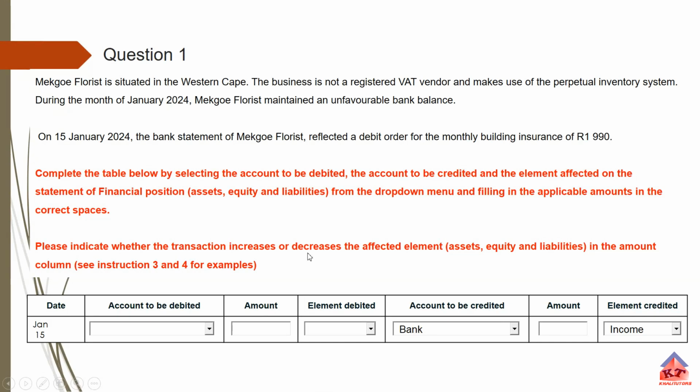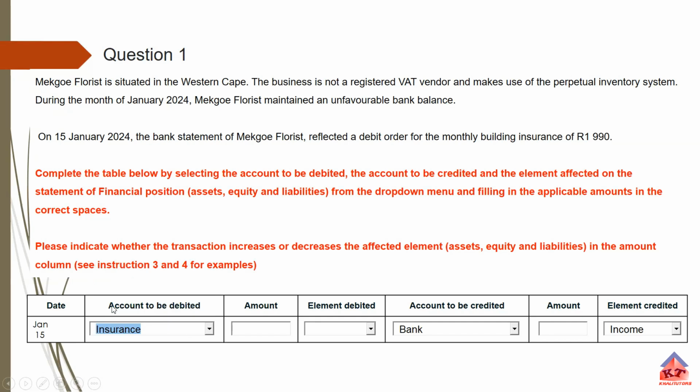From what we have just discussed, you should be in a position to identify which account to be debited and which account to be credited. Remember, we said when we pay off expenses, we debit that expense account. So in this case, let us look at the account to be debited from the drop down menu. As you can see, we have insurance here, so we'll be paying off insurance, which is an expense account.